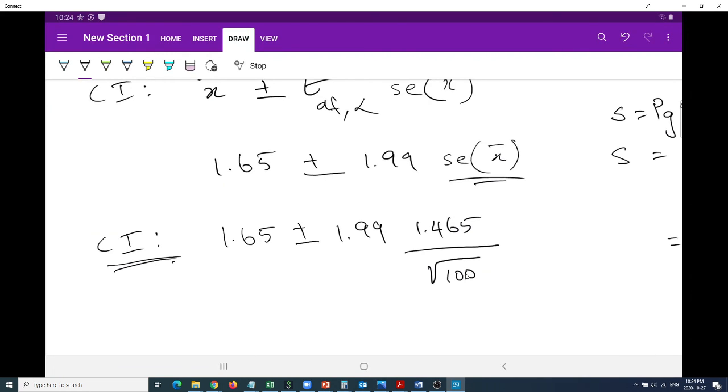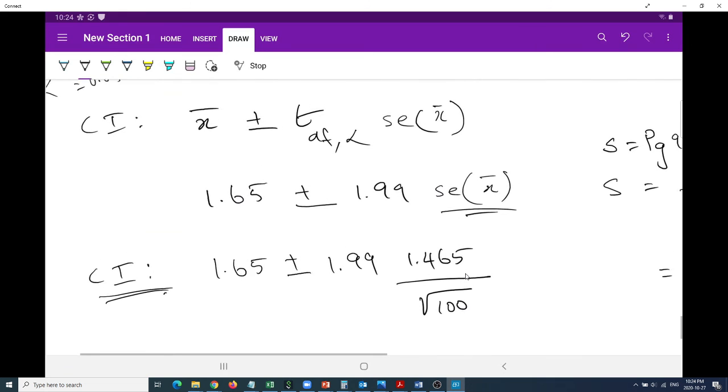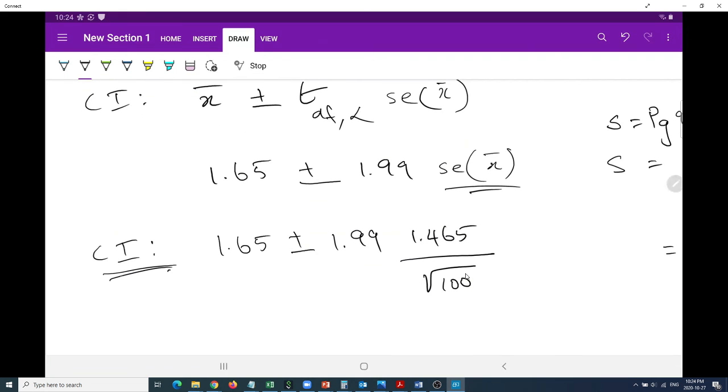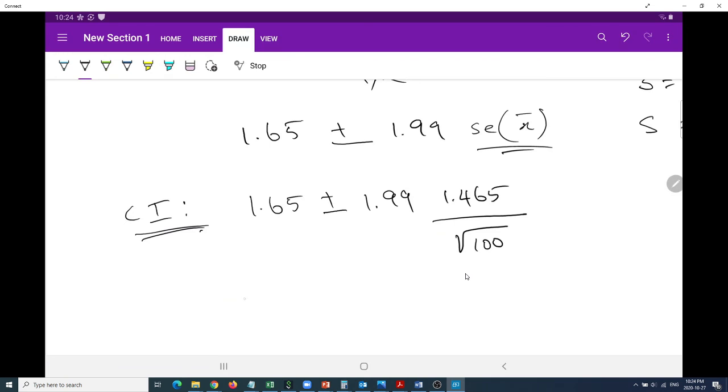So for our class, we'll be using only this as your confidence interval, without the finite population correction factor. I'll let you compute the values.